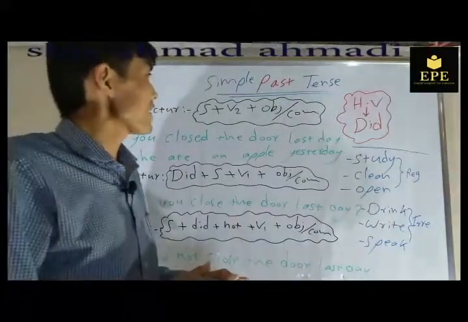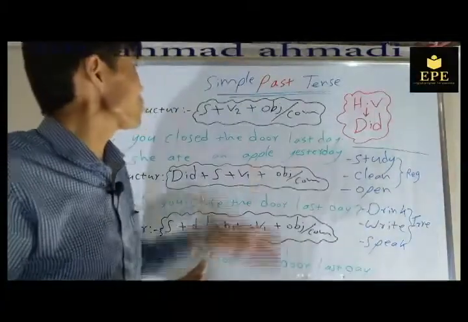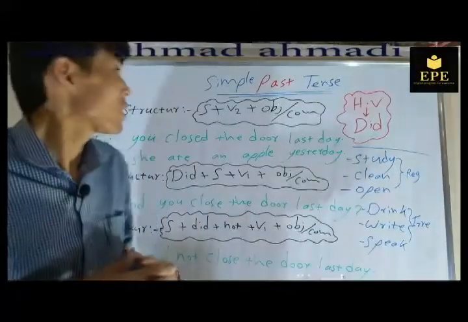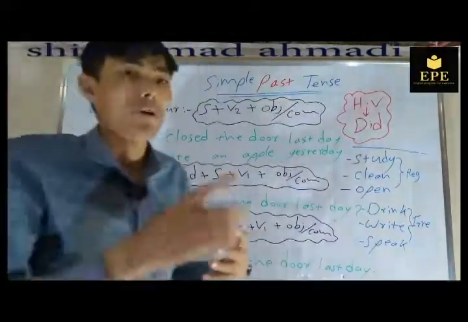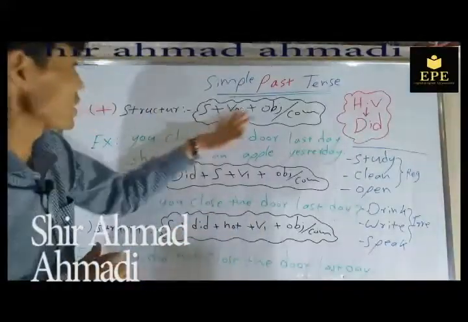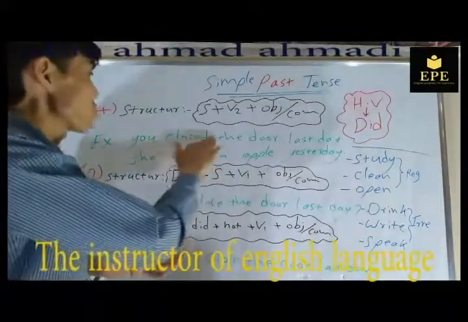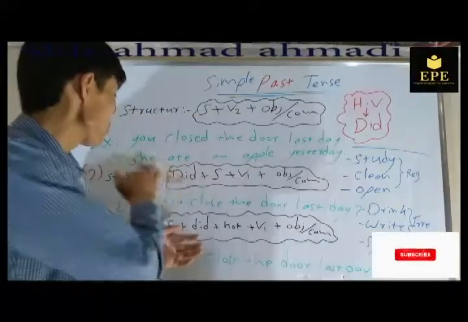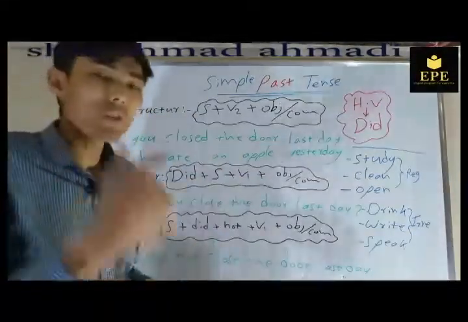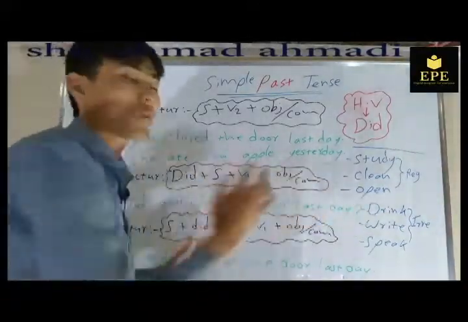So let's review very quickly and concisely. In today's lesson and today's video, we just reviewed simple past tense. If we want to talk about past activities, we just use this tense. This one is the positive structure, and these are 2 examples, one for a regular verb and another for an irregular verb. This one is the question form, and this is the example at the end, with a question mark.